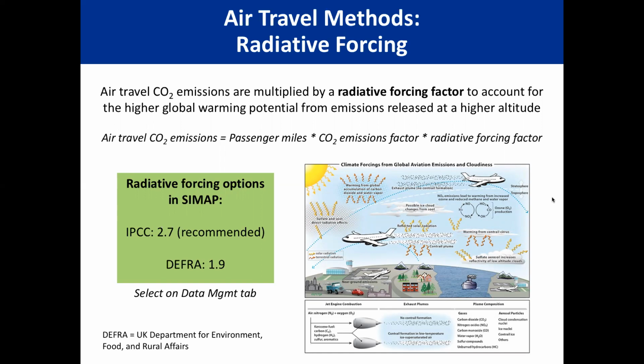We have both of these available. We recommend using the IPCC value. Our point of view is that this is science that is still in development and still unsettled, so we are erring on the side of being conservative. That's why our recommended version is the IPCC 2.7 factor.